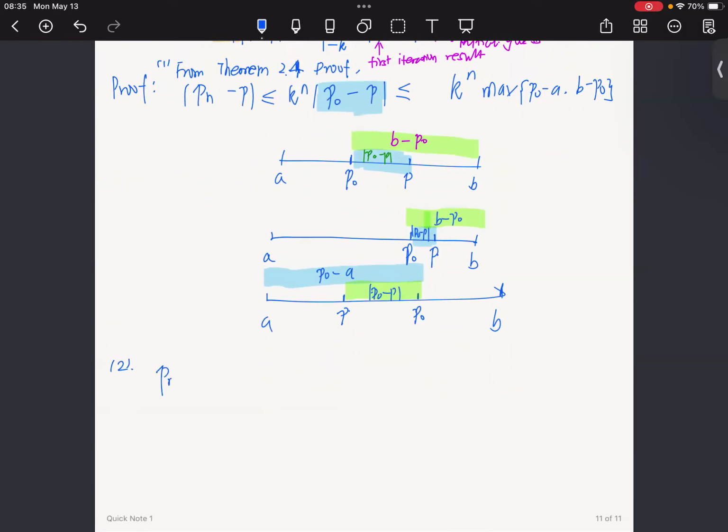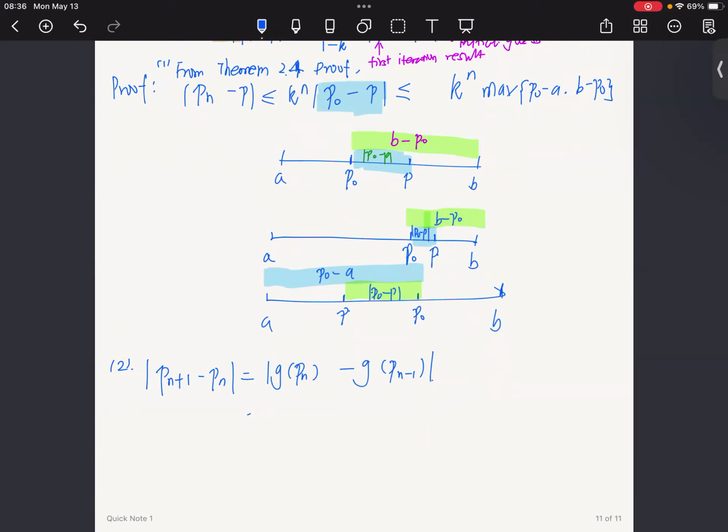So first, for Pn plus 1 minus Pn, we know that this one is G(Pn) minus G(Pn minus 1), this is n, and then n minus 1. And this is because of the generation rule for the fixed point methods.